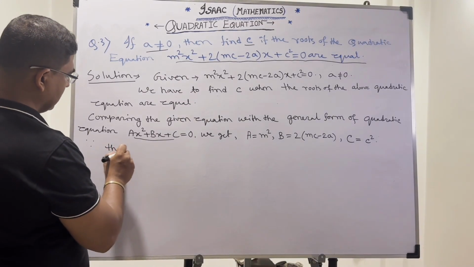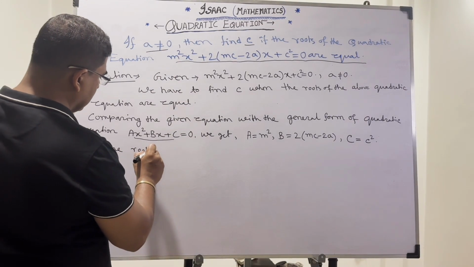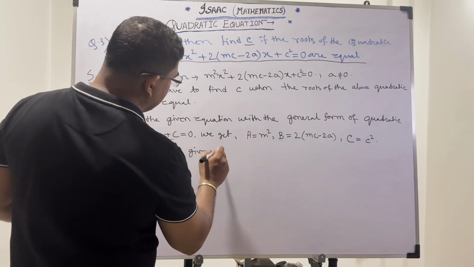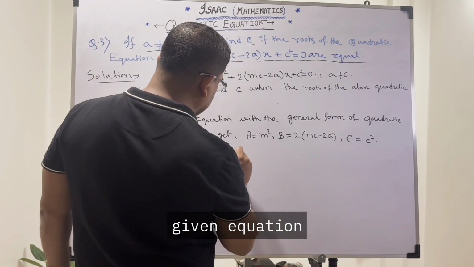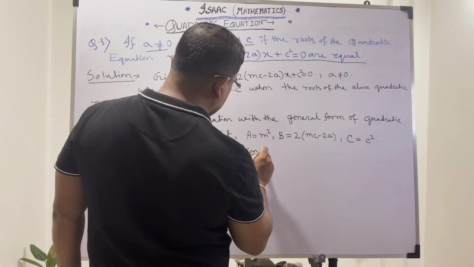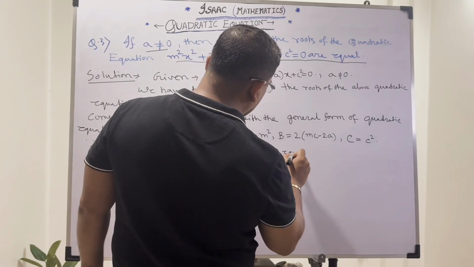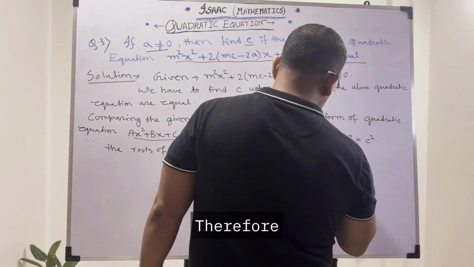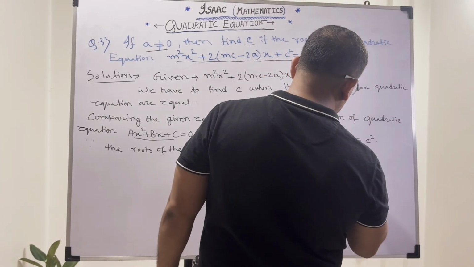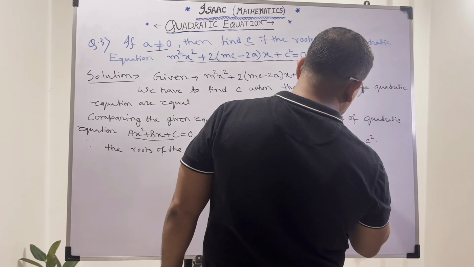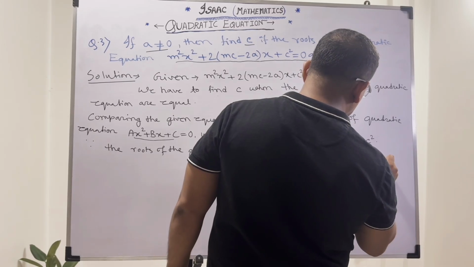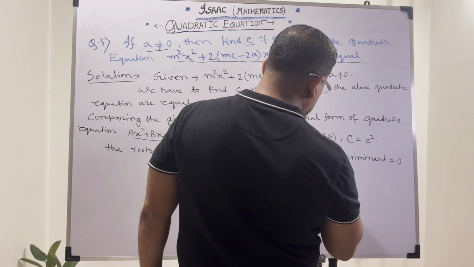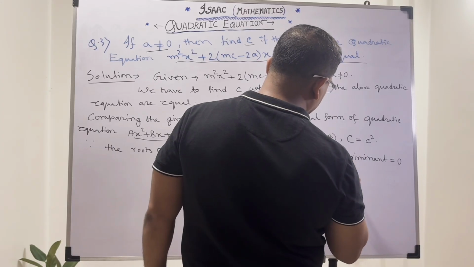Since the roots of the given equation are equal, therefore discriminant equals to 0, implies D equals to 0.